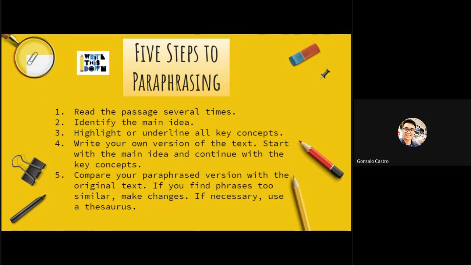So once you start paraphrasing, you want to start with the main idea written in your own words, and then continue with the key concepts also in your own words. Once you finish paraphrasing, for step 5, you want to compare your paraphrased version with the original text. If you find that the phrases are too similar between the 2 versions, you want to make changes. If necessary, use a thesaurus to replace words with synonyms.